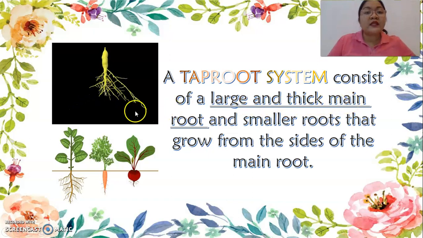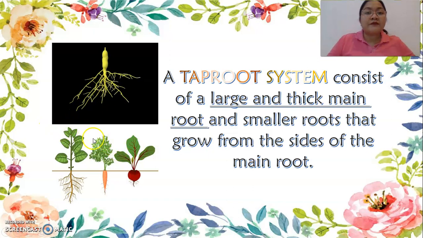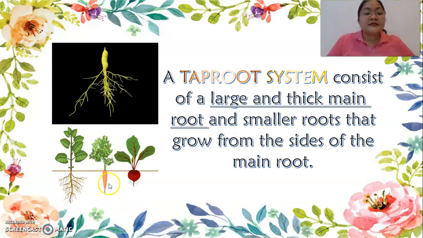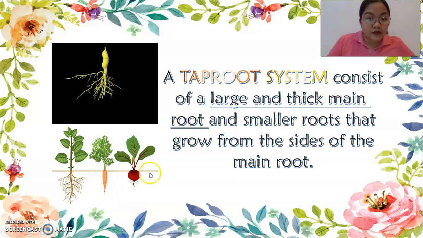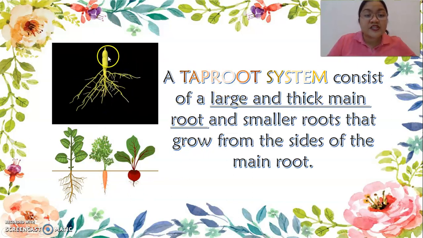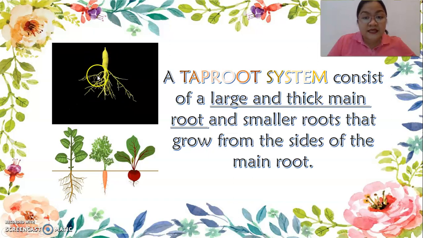So what are examples of plants that have a taproot system? We have here carrots and beetroot. Look at this picture. It has a large and thick main root and has smaller roots on the side.